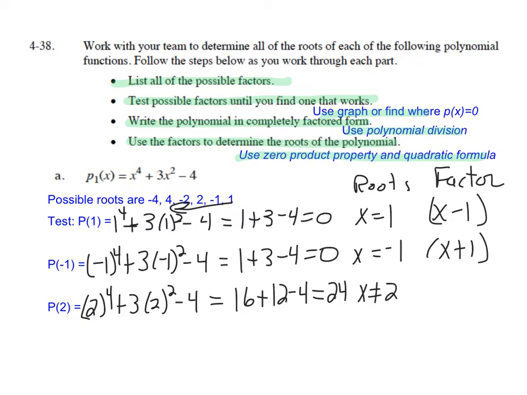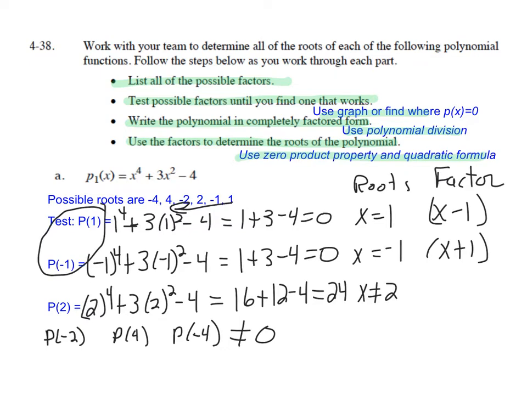Now we could go through and try the rest of them. If you want to try p of -2, or p of 4, p of -4, none of these will equal 0. Therefore, the only two roots that we have are coming from 1 and -1.